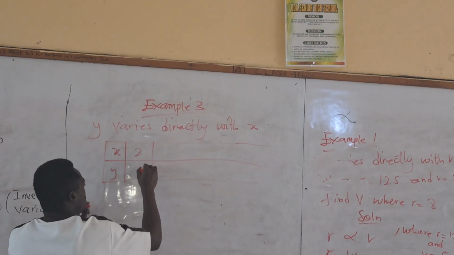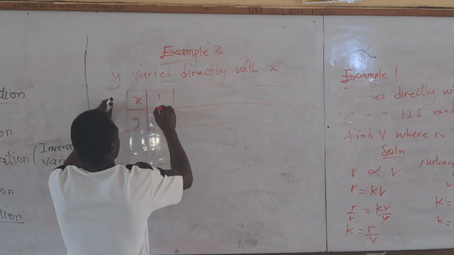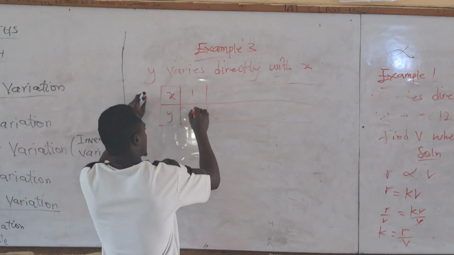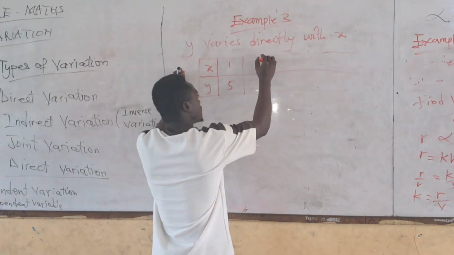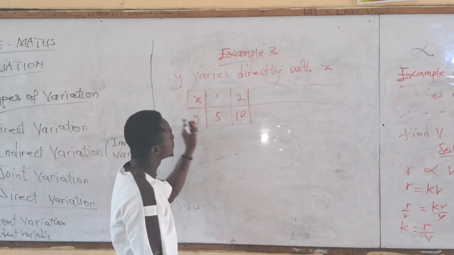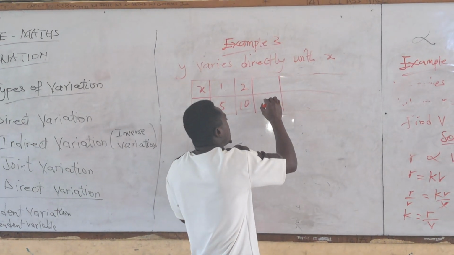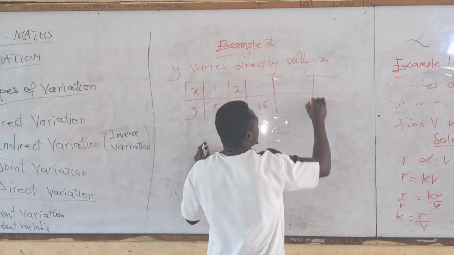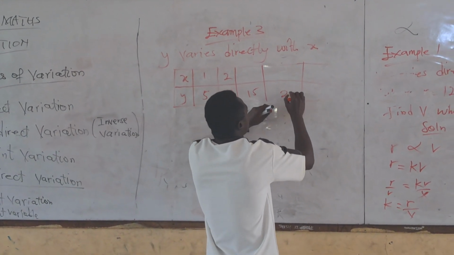So we have 2, this we have 1, this marks 5. Then we have 2, this marks 10. Then we have 15. We also have 20.